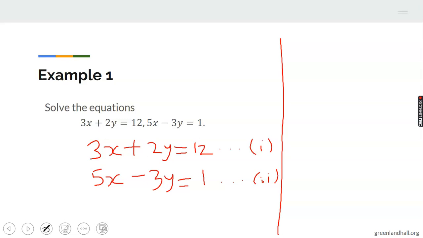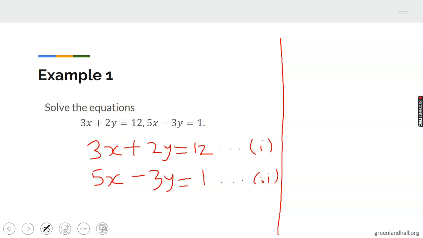Your aim is to eliminate x from the two equations, or you want to eliminate y from the two equations. But the coefficients of the unknowns are very important. And what you do to one, you must do to all.